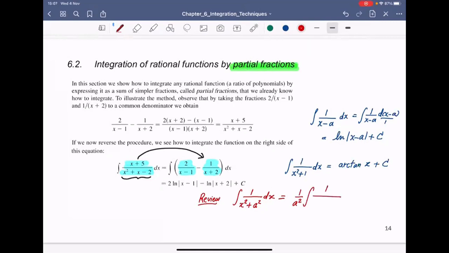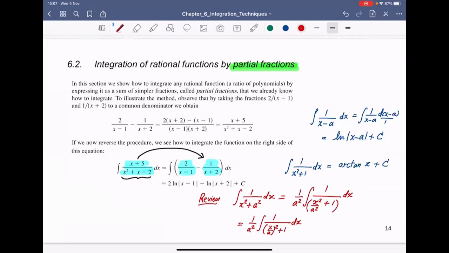I have (x squared over a squared + 1), so I factor out a squared, dx. Then you can simplify a little bit. This is going to be 1 over a squared times integrate 1 over ((x over a) squared + 1). This comes back to the arctan integral.